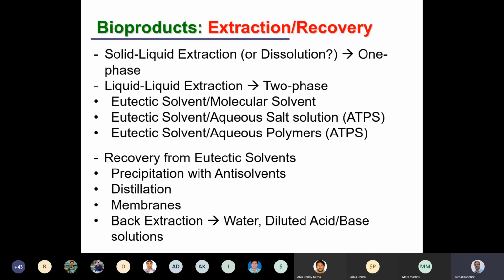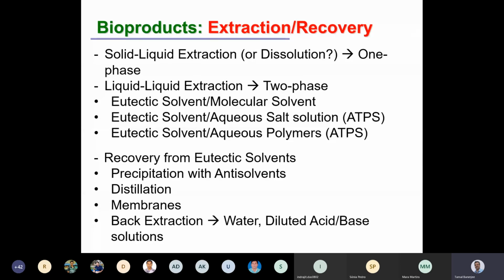If you're working with macromolecules, probably precipitation with antisolvents is a good idea, an antisolvent that can be distilled after the process.